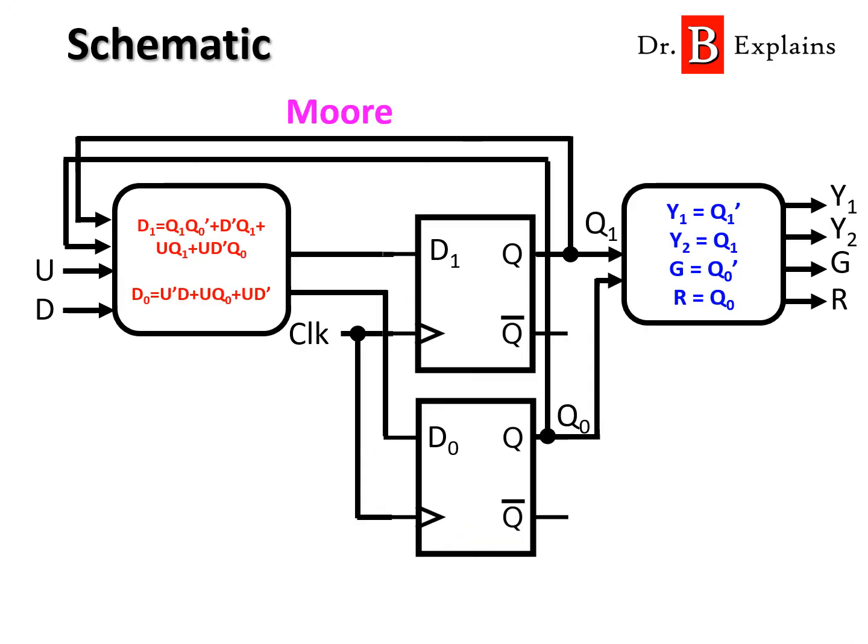So finally we have our diagram, and this is not a complete diagram, because for a complete schematic I would have to draw these with actual gates. But you have an idea that you have to implement these equations on this side, and these equations on the right-hand side, and that will be the final.